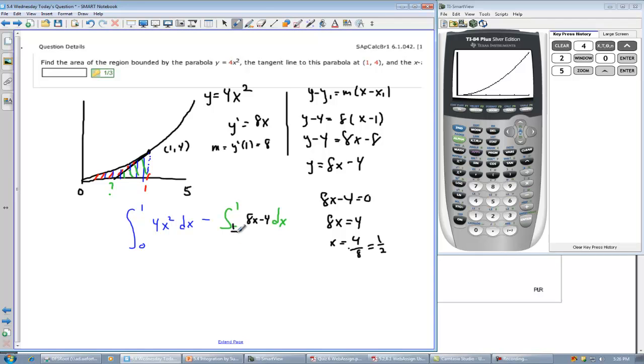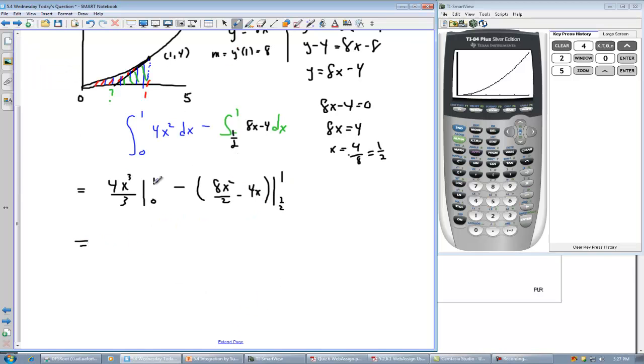All right, I'm going to do these two integrals separately. So this is going to be equal to 4x cubed over 3 from 0 to 1, minus 8x squared over 2 minus 4x from 1/2 to 1.